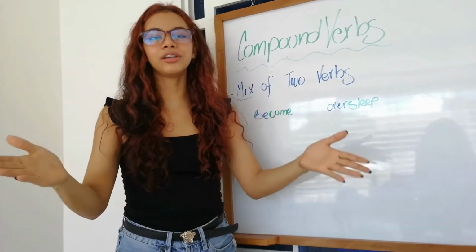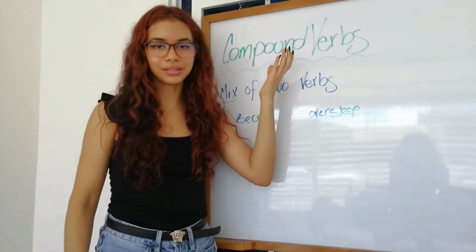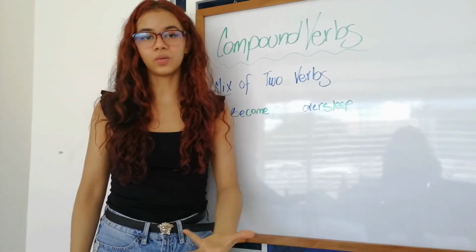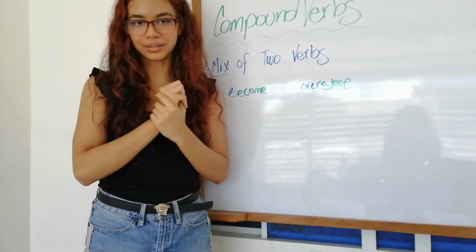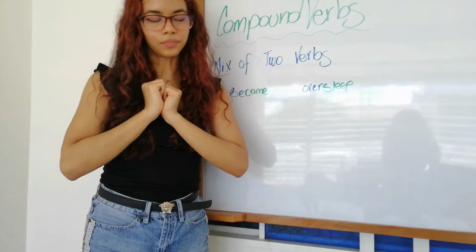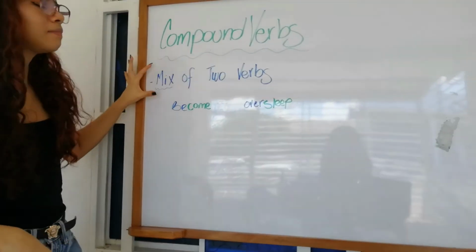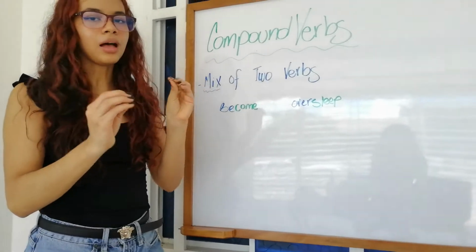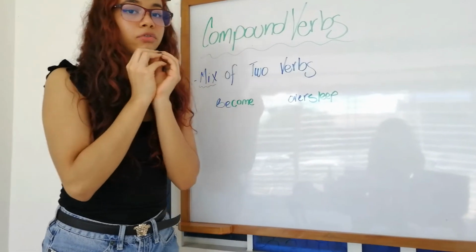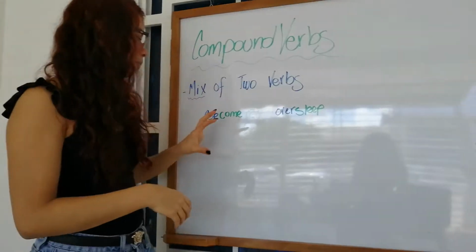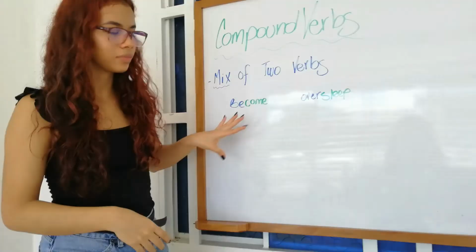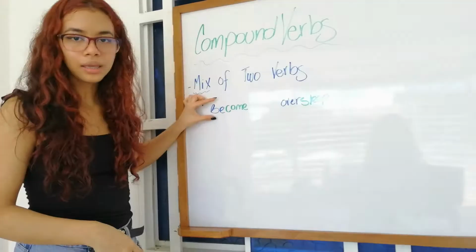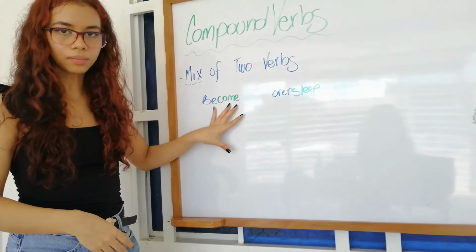Okay, I want you to know what a compound verb is in order to understand better what this fourth rule is. First of all, it is a mixture of two different verbs. They compound, they mix together to form another verb. For example, we got here become. We got this verb called be, and the other verb come.